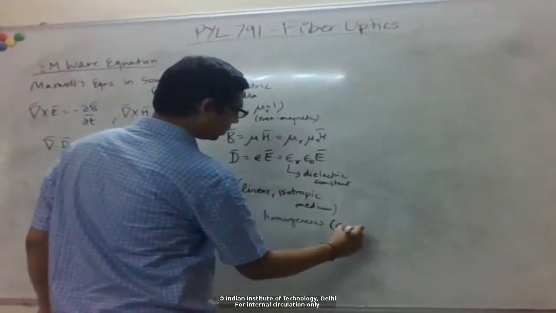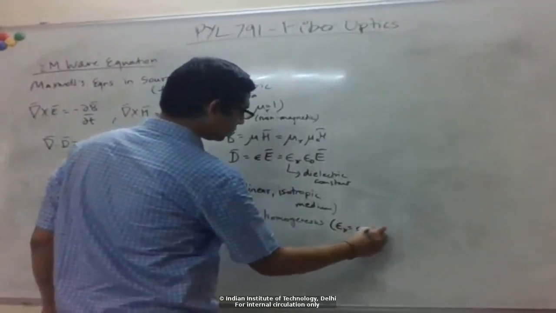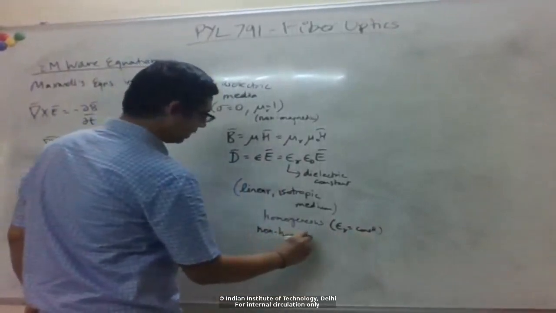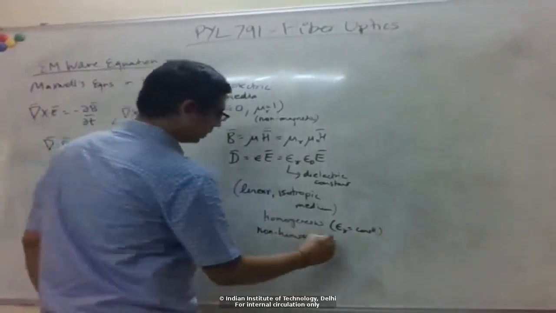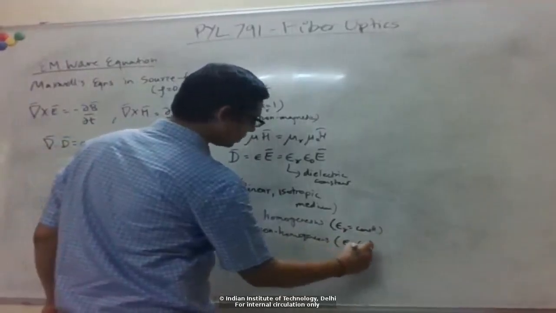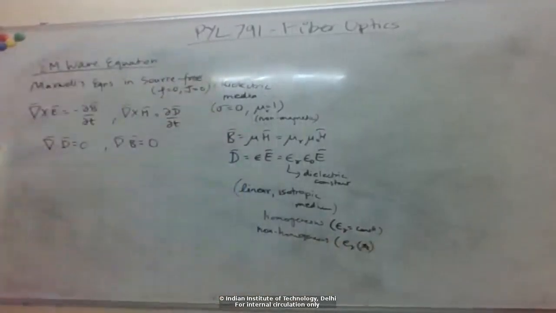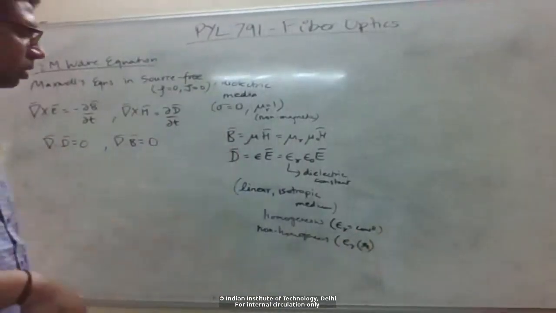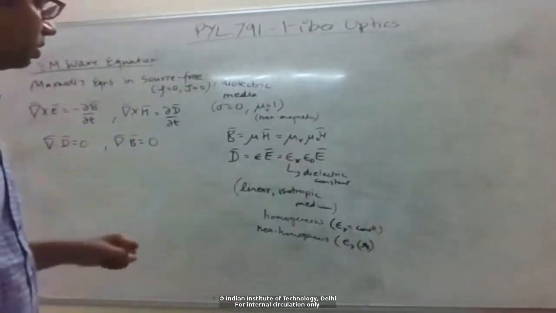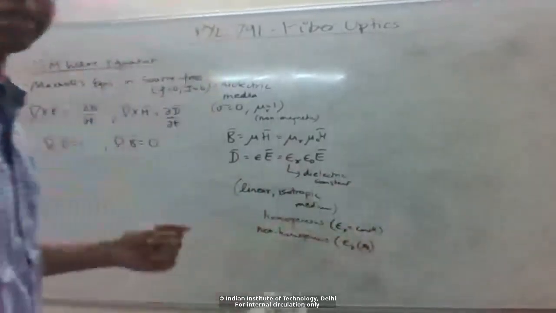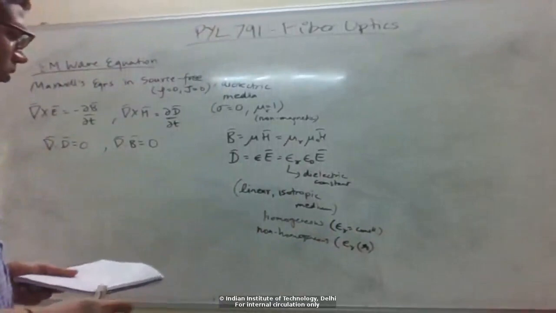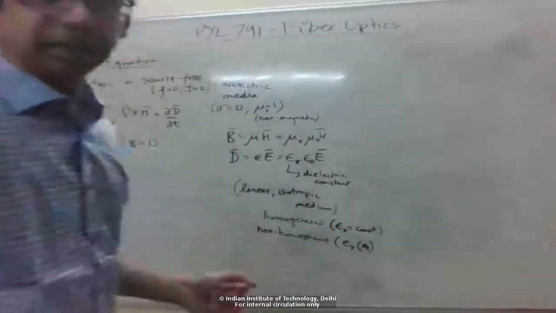It does not depend on position. Whereas a non-homogeneous medium, which we encounter in a few cases in this course, is one where this is a function of position. The dielectric constant, or the refractive index, which is related to this dielectric constant, varies with position. That would be non-homogeneous.